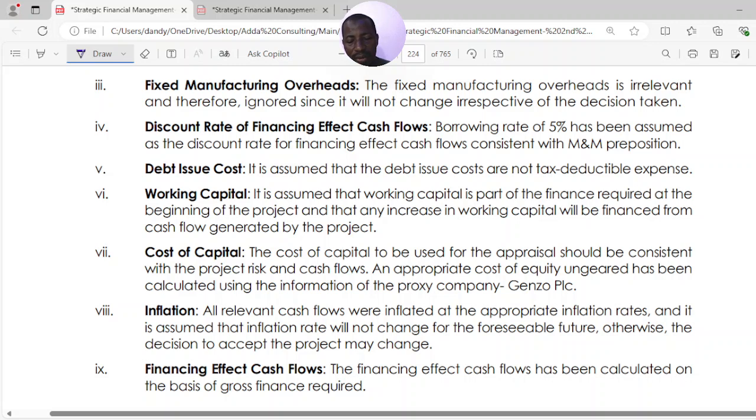All relevant cash flows were inflated at the appropriate inflation rates, and it is assumed that inflation rate will not change for the foreseeable future. Otherwise, the decision to accept the project may change. For example, if the inflation rate on the production cost increases beyond what it is, that will lower the NPV, which may affect the decision to accept the project.